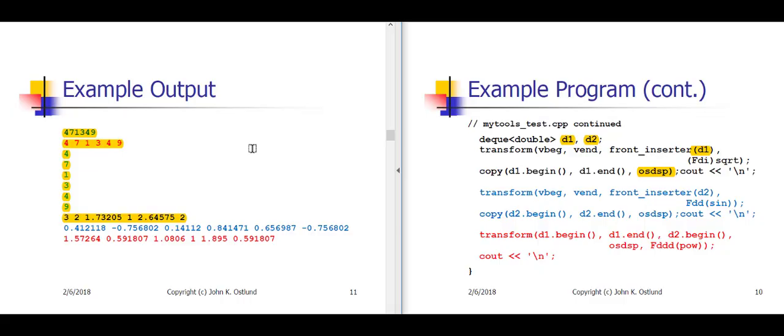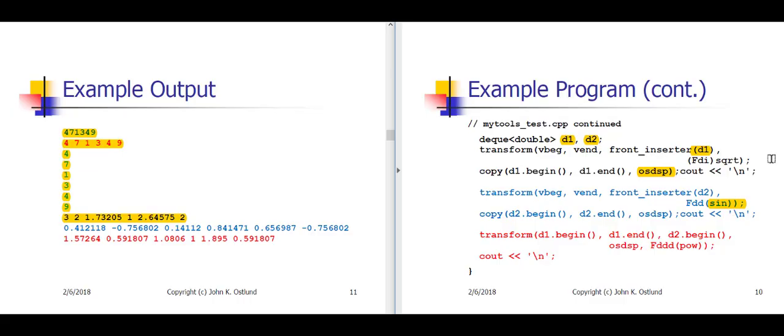So I get 3, which is the square root of 9, as the first value, 2, which is the square root of 4, as the next value, and this is because we used the front inserter as opposed to the back inserter, which would have put things in the same order that they are in the vector V. In the second transform, we're executing the sine function on each element starting from VBeg and going up to but not including VEnd.